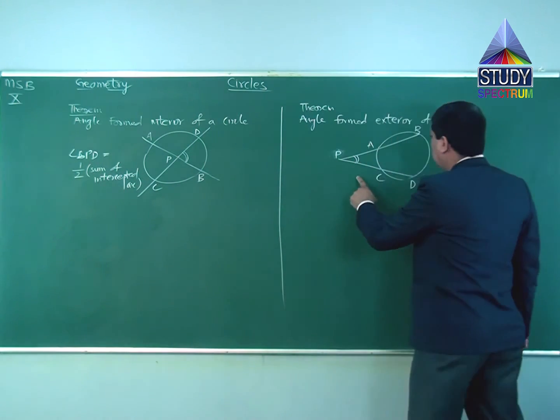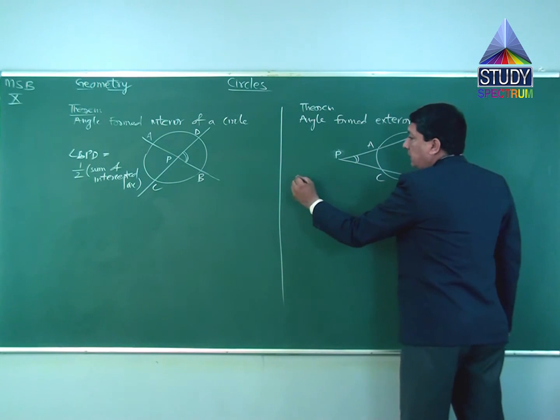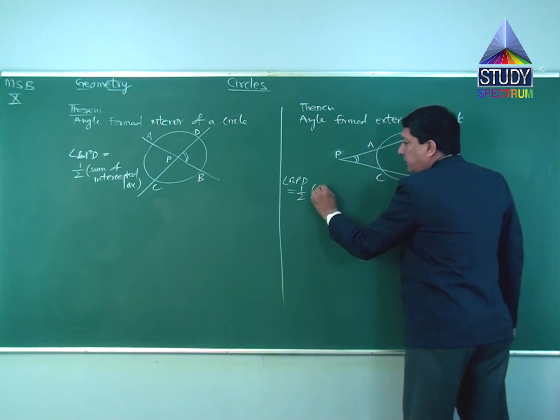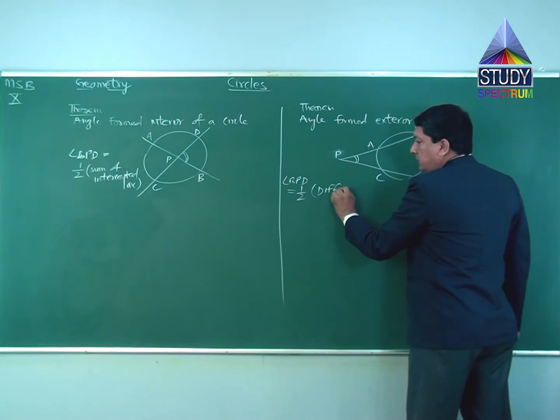In this case, for angle BPD, the angle is equal to half the difference of the intercepted arcs.